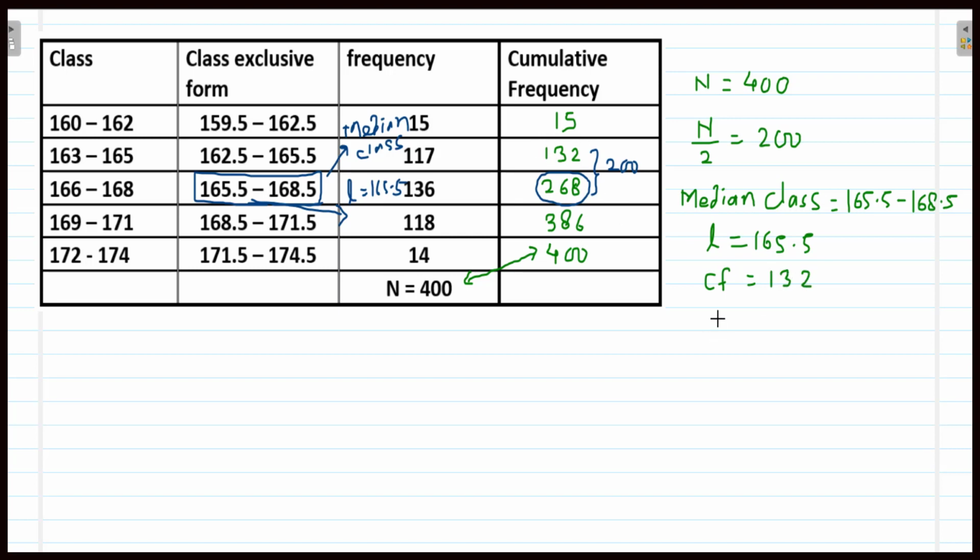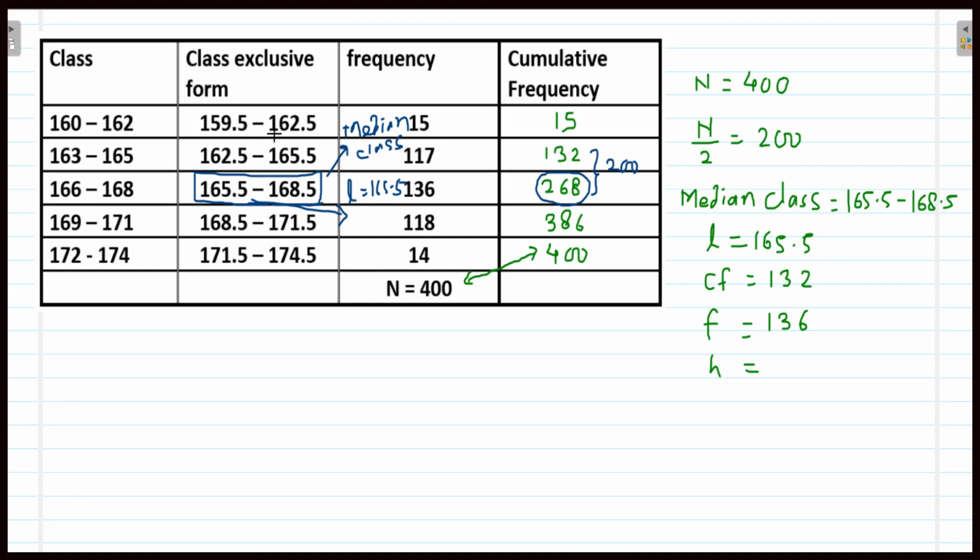Then we write frequency. Frequency is that frequency which corresponds to the median class. So 136 is the frequency corresponding to the median class. So f will be equal to 136. Then we write h. h is what? It is the height of the class interval.